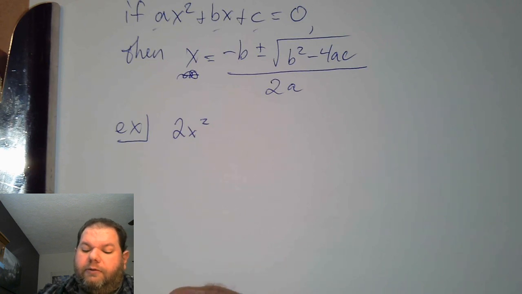This needs to be 2x squared minus 7x minus 15.